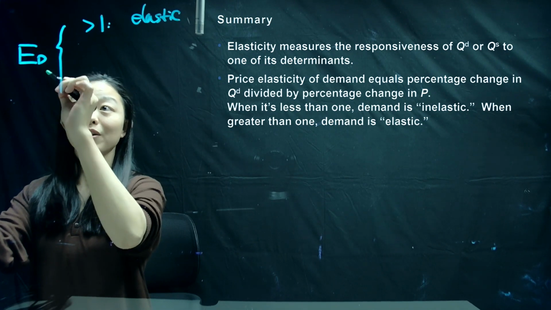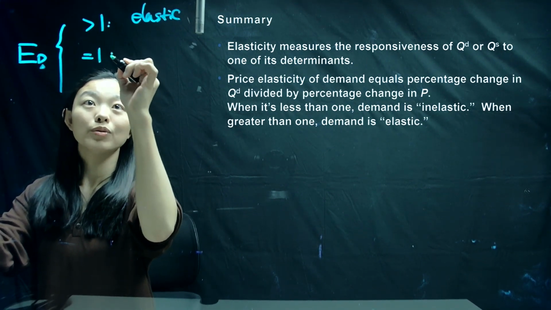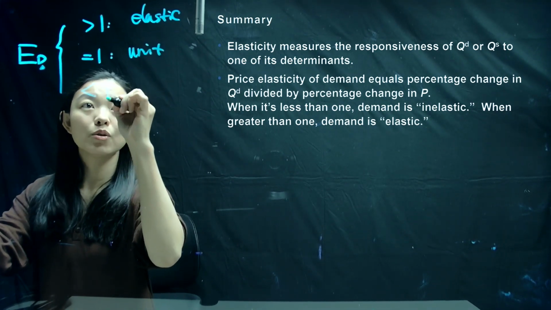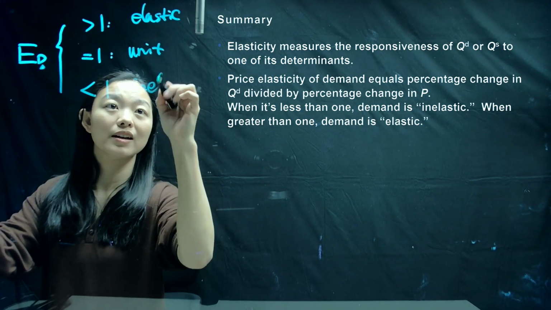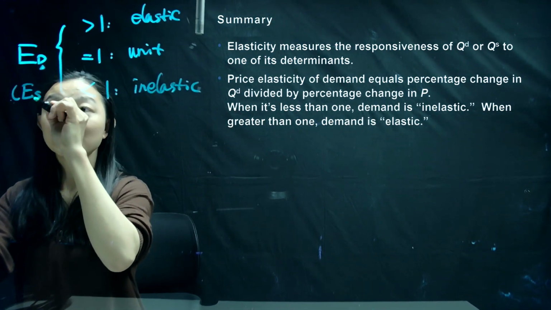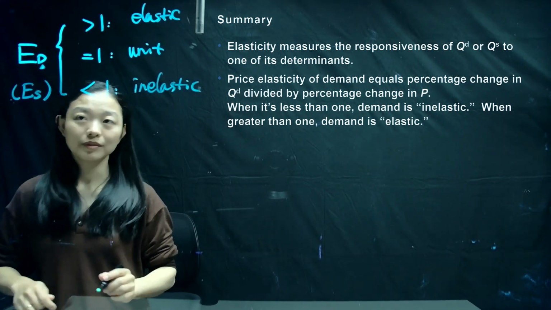If it equals 1, we say it is unit elastic. If it's less than 1, then we say it is inelastic. This also applies to price elasticity of supply. We ignore the sign here.